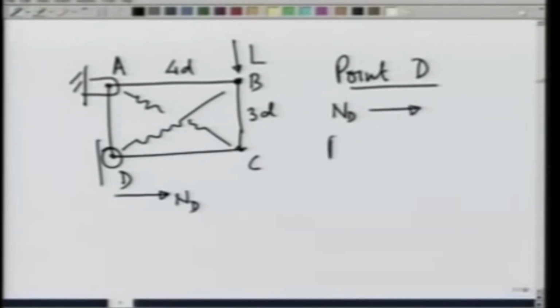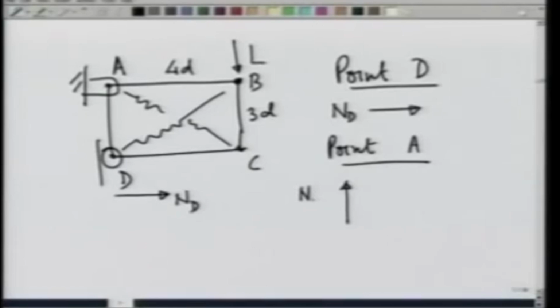On point A, there is going to be a reaction in the vertical direction, let us call it NAY, and in the horizontal direction NAX. This is if I consider the entire system as a whole.